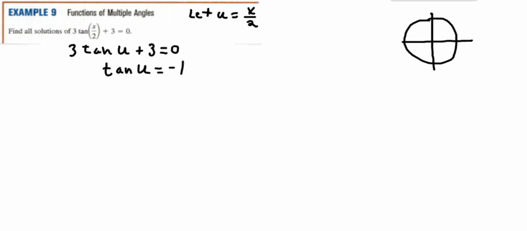When I look at sign analysis, the signs of my points, I know x is negative, y is positive, so that implies that tangent will be negative in quadrant 2, and I know in quadrant 4, x is positive and y is negative, and that implies tangent is also negative in quadrant 4. So when I'm looking for tangent is negative 1, I'm looking for angles in quadrants 2 and 4.